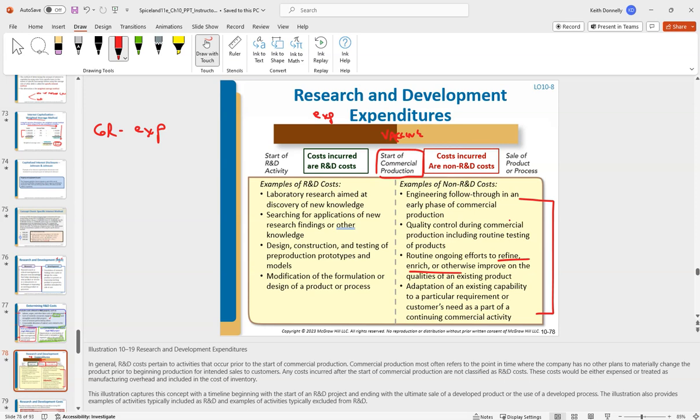We have the product, the vaccine is made. These items over here, you probably will expense, but just not as R&D. You could capitalize them depending on what they are. But general rule, just for naming purposes, if it happens before we hit commercial production, it's R&D. General rule, you're going to expense it. If it happens after commercial production, probably you will expense it, but it's not definitionally R&D.